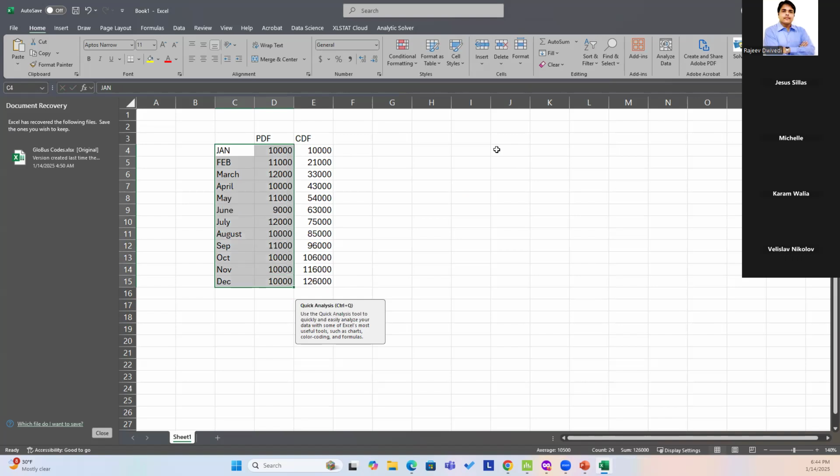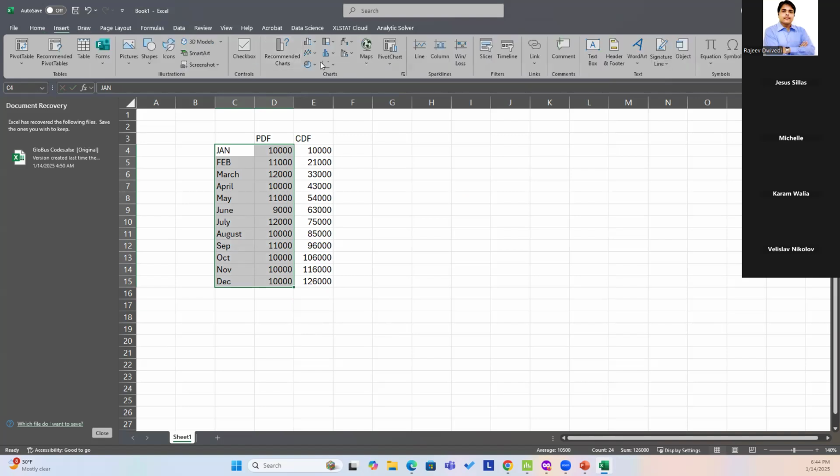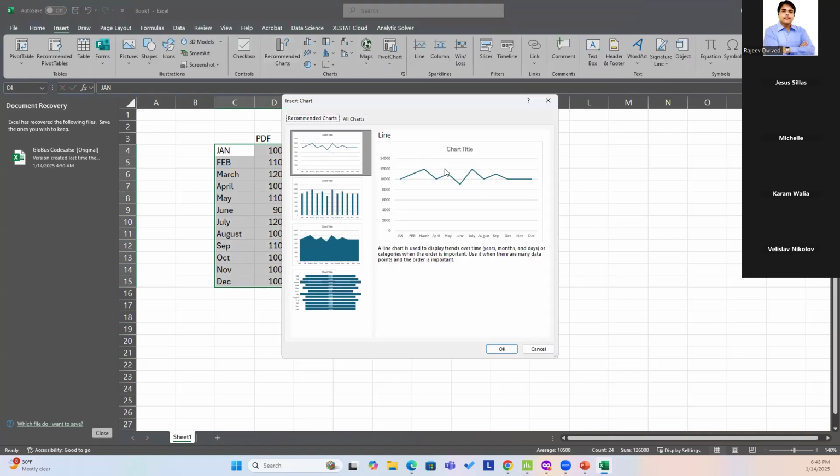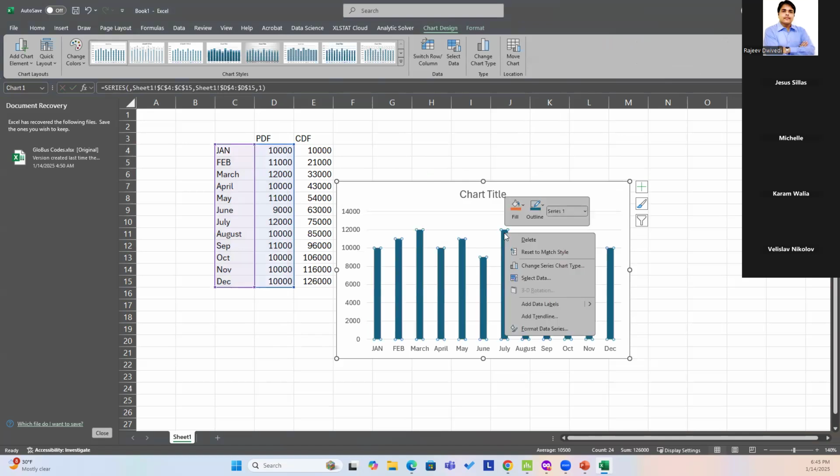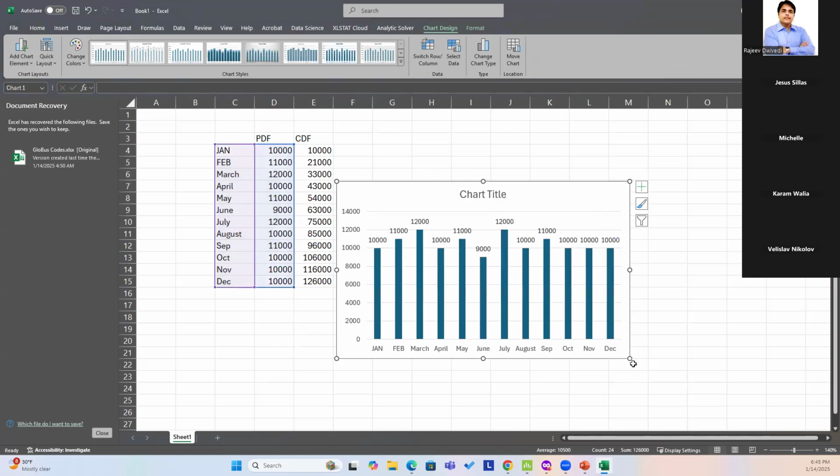I'm going to explain. I'm going to draw a bar chart based on this. Insert, recommended chart, and I want to see this. Let me put the data labels. Okay, here we go.